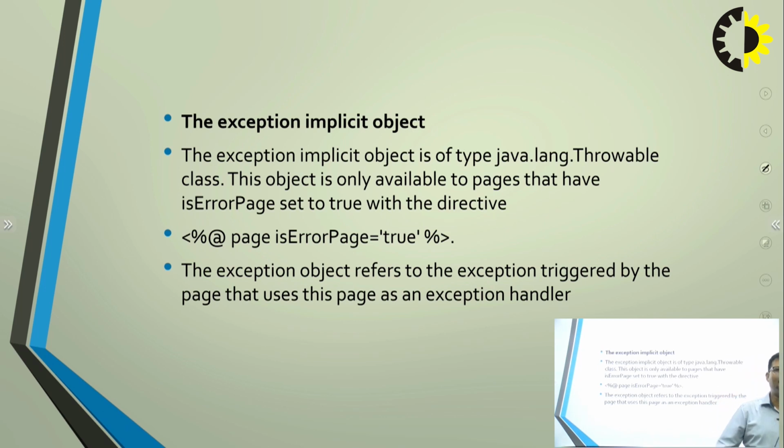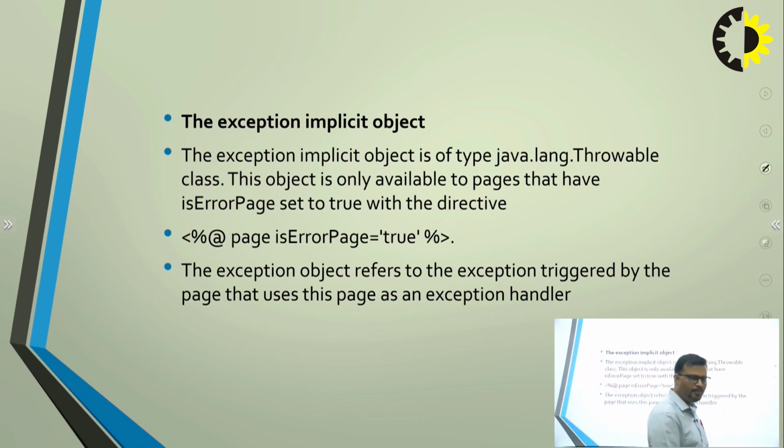The exception implicit object. What is the exception? If during the execution duration any error is created, how do we handle this error? This method is called the exception.